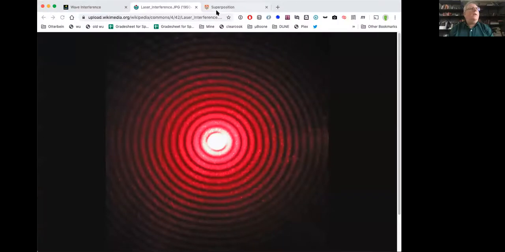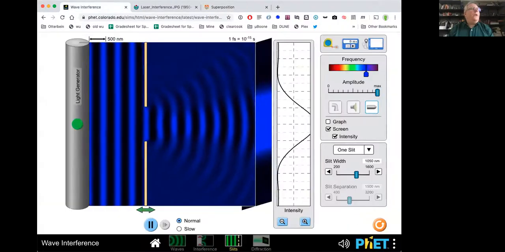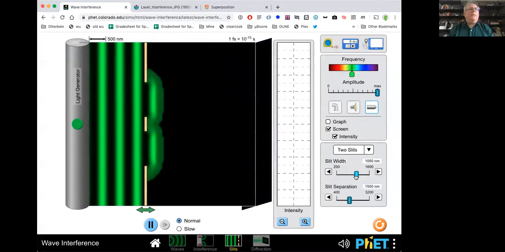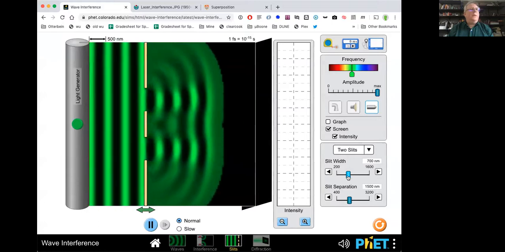Or to give you the picture of it, let's share that Google thing again. So what I'll do here is let's turn this over to some medium light, and I'll make it into 2 slits, something like this.